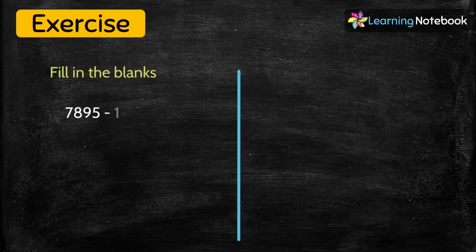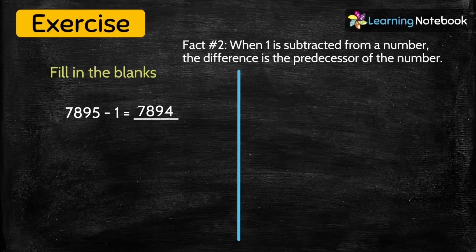Now let's do some questions based on these subtraction facts. First is 7895 minus 1 equals dash. So here answer is 7894 because we learned in subtraction fact 2 when 1 is subtracted from a number, the difference is the predecessor of the number.